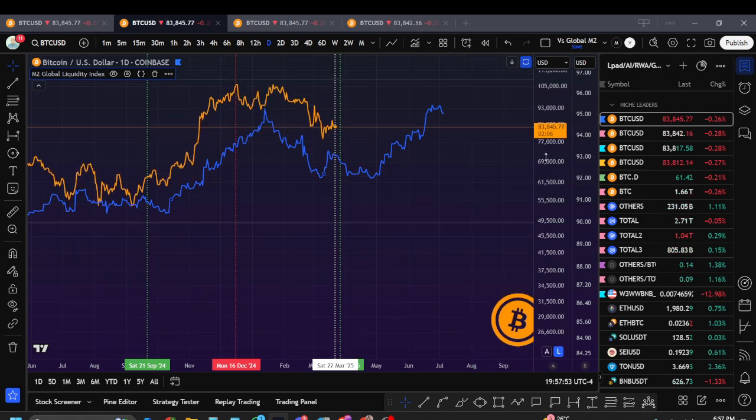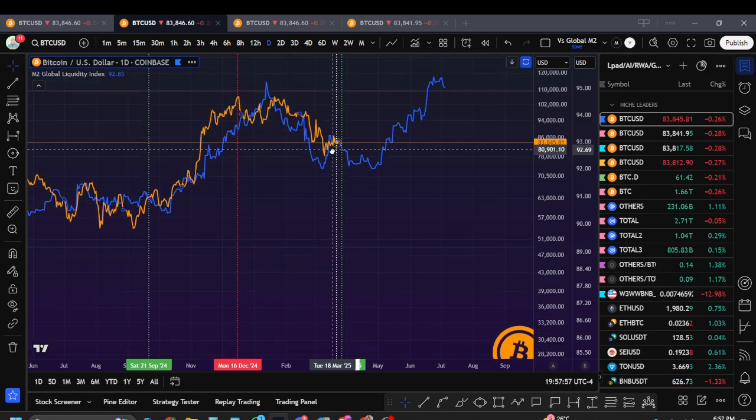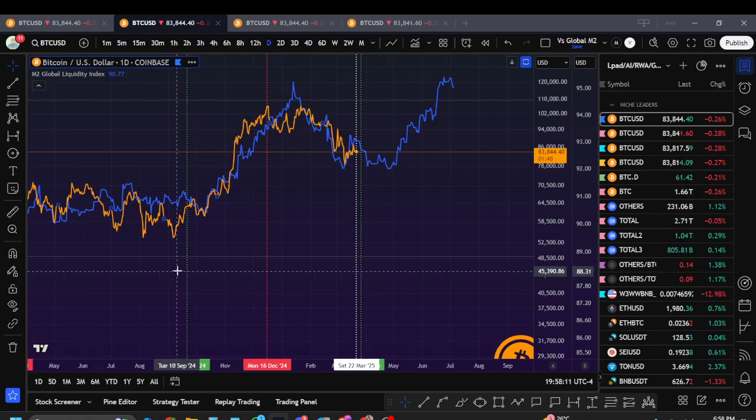Now the guy on X seems to think that we are here rather than like over here. So he's expecting some more down and then sideways, and that's where he thinks we are.